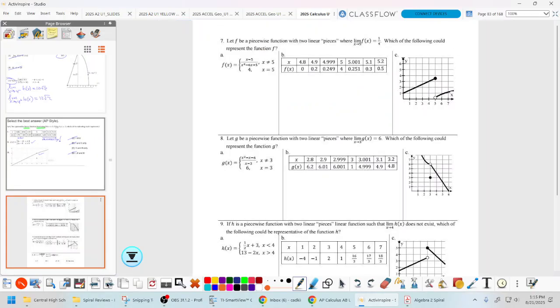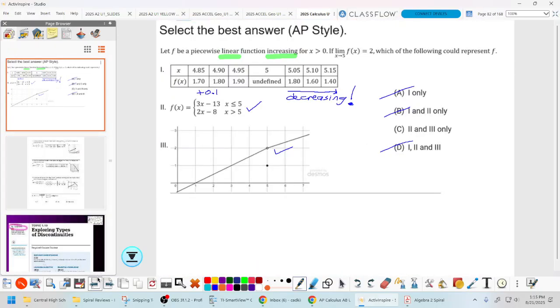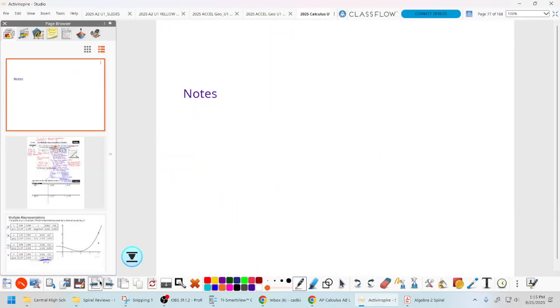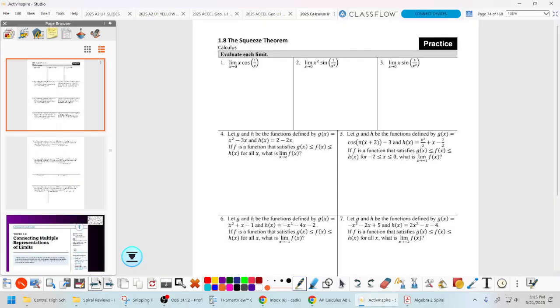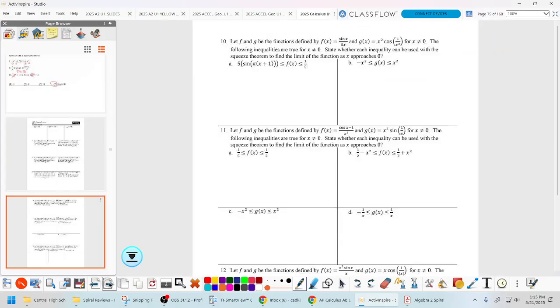So then we have the problems in your notes. Let me ask you before I assign anything. Going back to 1/8, squeeze theorem, do you need practice on that? Or are you feeling pretty good with it? Be honest with yourself. Okay, so I'm not going to assign any squeeze theorem practice.